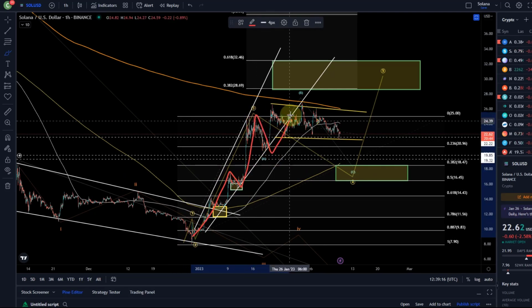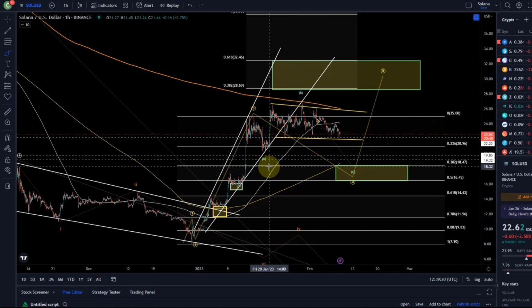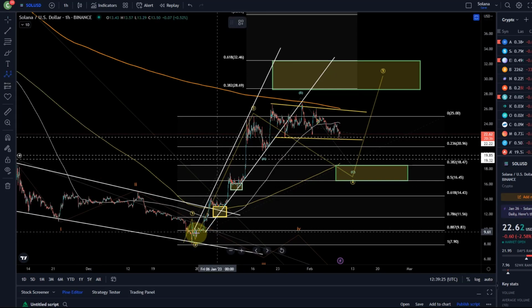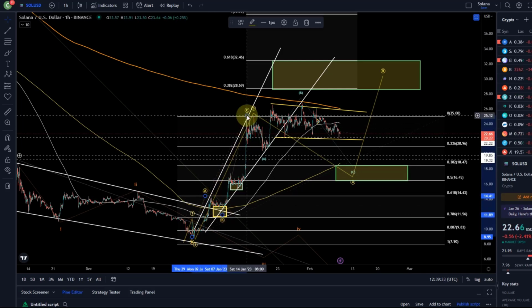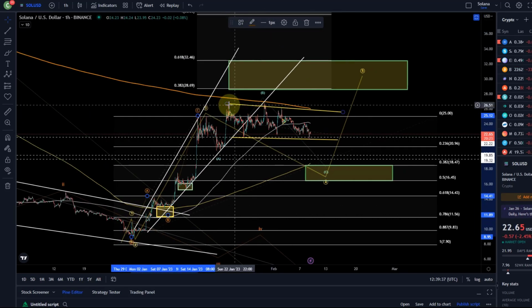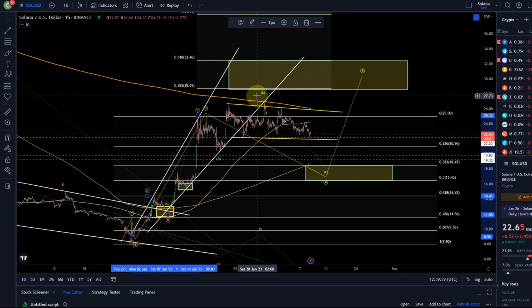Hold on, I would have to change this count. If we count it as a diagonal, it's just a different way of interpreting it. If I put it here, A, B, C. I'll make that orange, so maybe you can spot the difference a bit better. Then it's not the blue count, it's the orange count now.